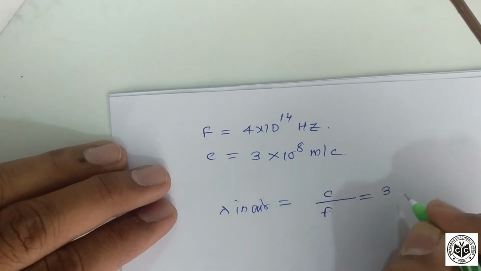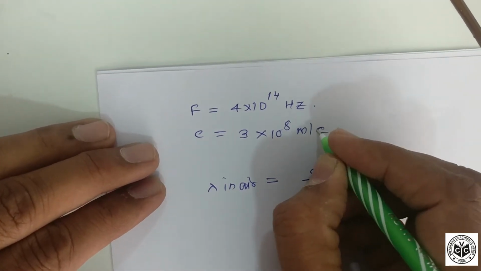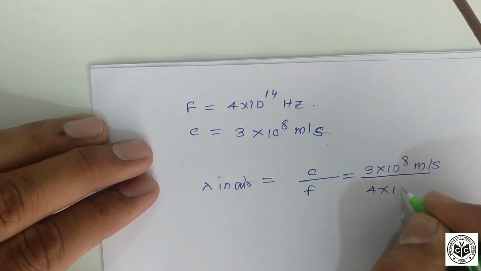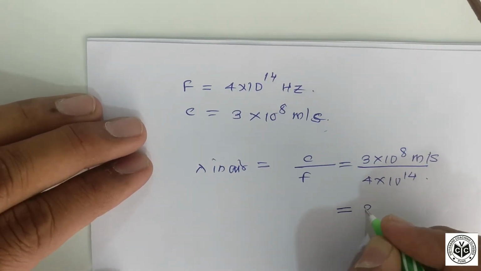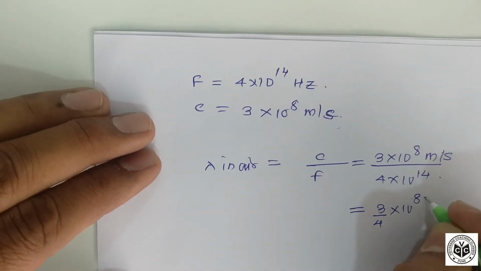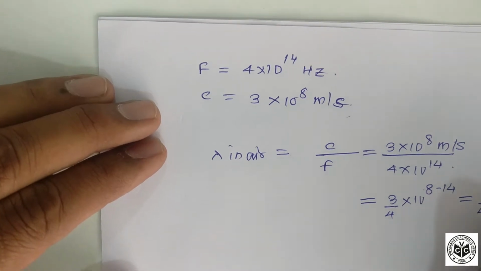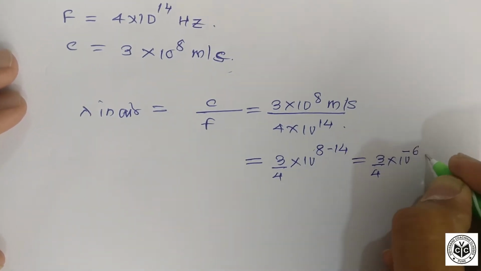So it is 3 into 10 raised to 8 meter per second upon 4 into 10 raised to 14. So it comes to 3 by 4 into 10 raised to 8 minus 14, that is 3 by 4 into 10 raised to minus 6.